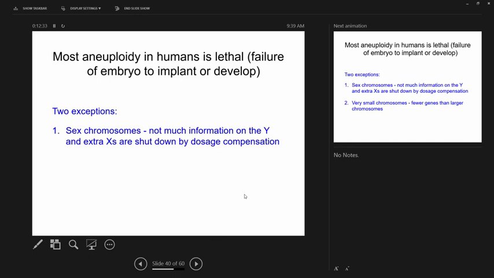The rule is only one X can be on and the rest get shut off. So if you have extra X chromosomes, they all get shut down. And the only problem that's left from that is that you have those genes out toward the pseudoautosomal regions at the end that stay active and can cause some issues.